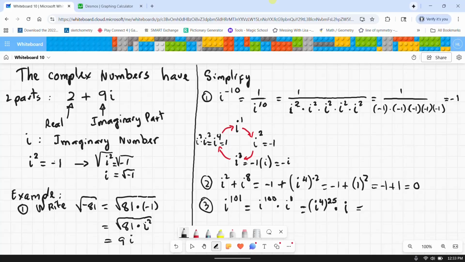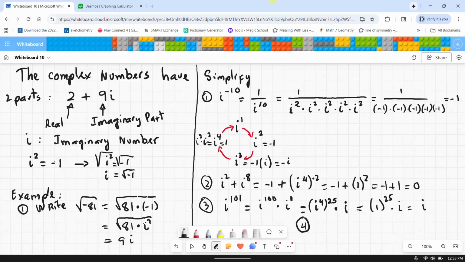So i to the 4 is just going to be 1 to the 25th degree, multiplied with i. 1 to any degree is just going to be 1. So 1 times i is i.